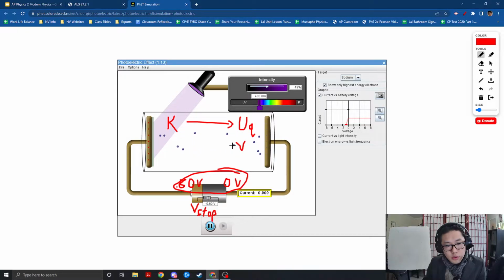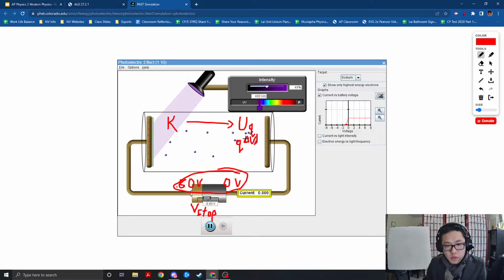So V, the voltage, the difference in the V field, times the charge of the electron would be the total amount of electric potential energy that's being stored up here, if you needed a brief review.